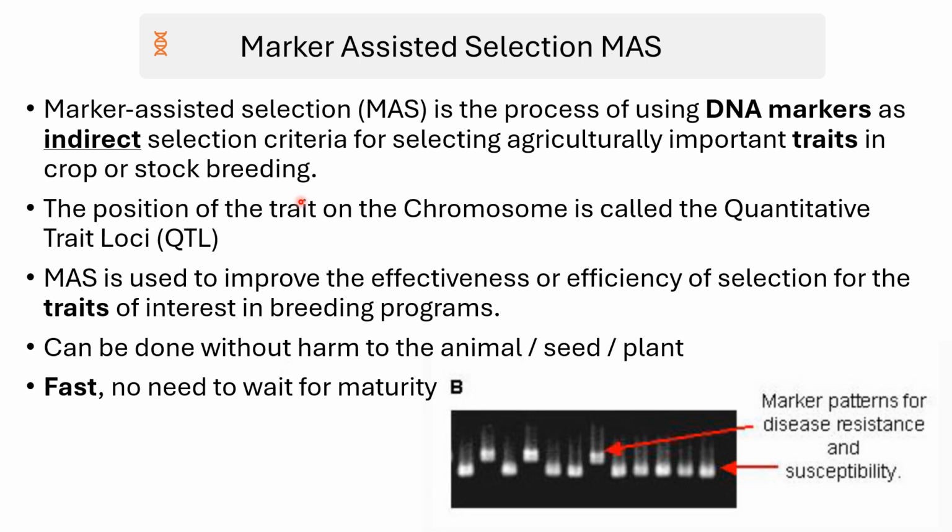Okay, so when we look at marker-assisted selection, the marker is something that points to the gene being present. So marker-assisted selection is a process of using DNA markers as indirect selection criteria for selecting agriculturally important traits in crop or stock breeding. Okay, so it's an indirect selection.